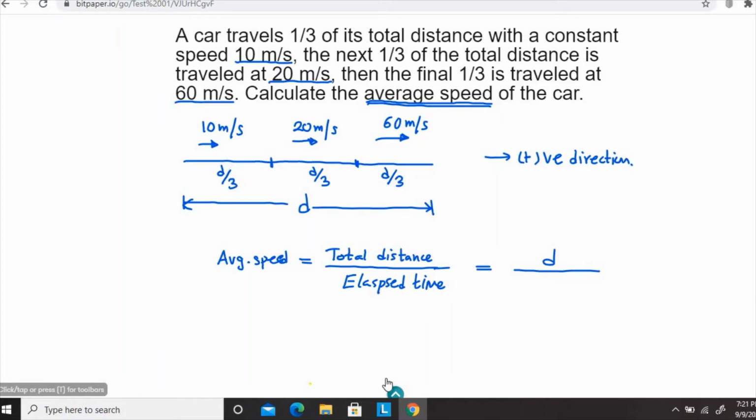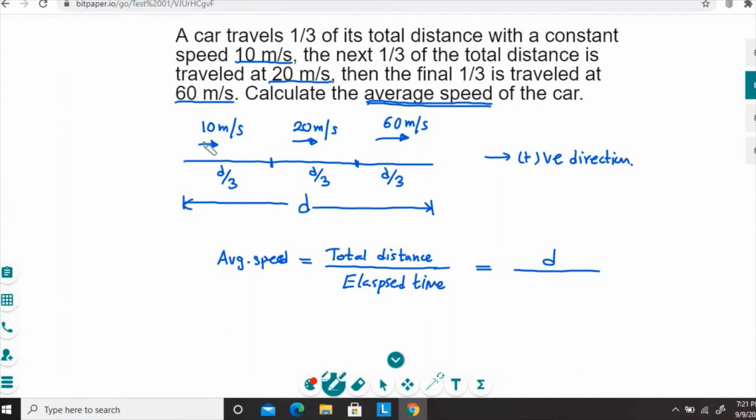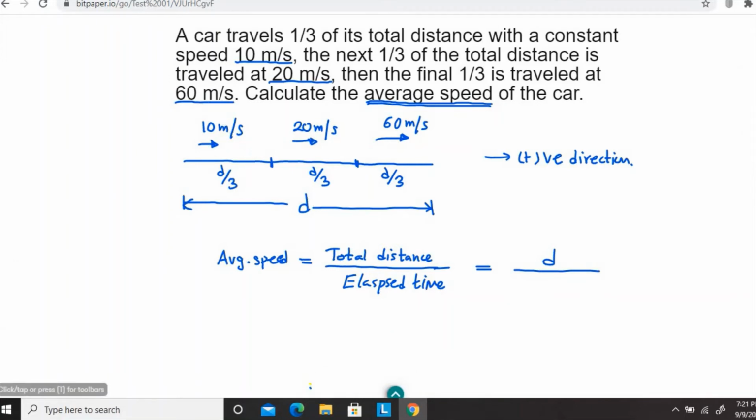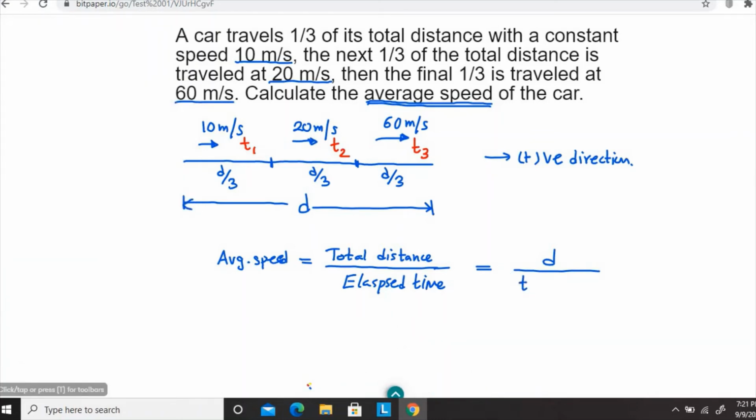Let me define these times: this time over here is T1, this is T2, and this is T3. My objective is to find T1, T2 and T3, and then I can substitute the total time in the denominator, T1 plus T2 plus T3, and I would get the answer. So how do I find T1, T2 and T3?